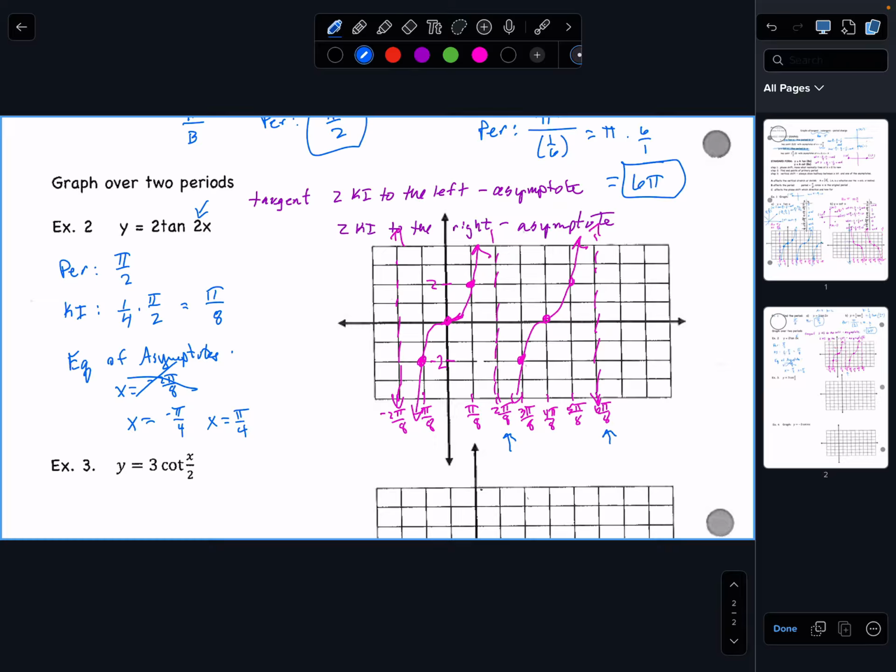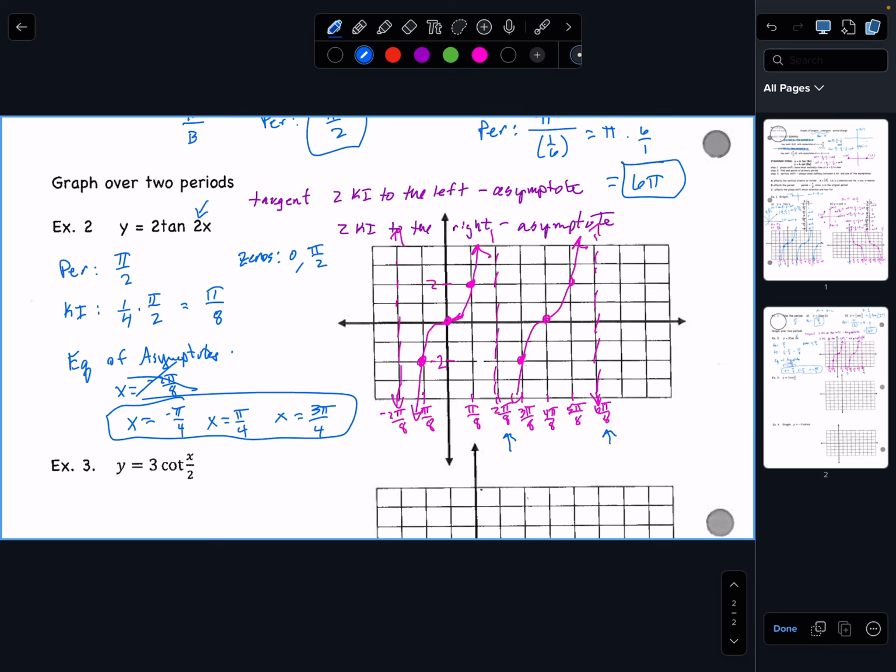And then we have 6 pi eighths, which is 3 pi fourths. And the distance between those asymptotes better be the length of the period. And it is. And then lastly, you have your zeros. And they are at 0 and at 4 pi eighths, which is pi halves. Your x-intercepts.